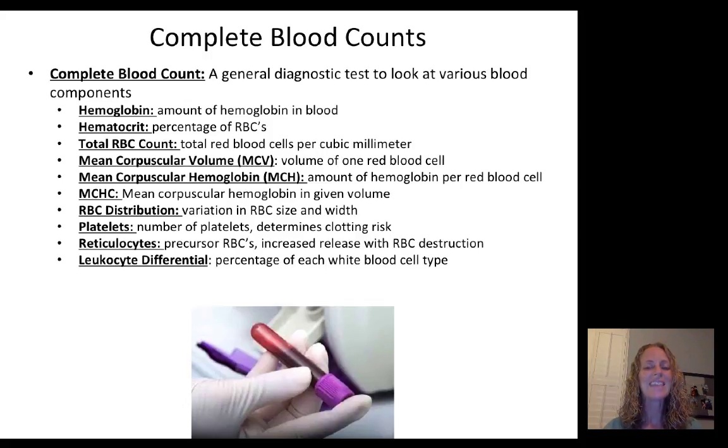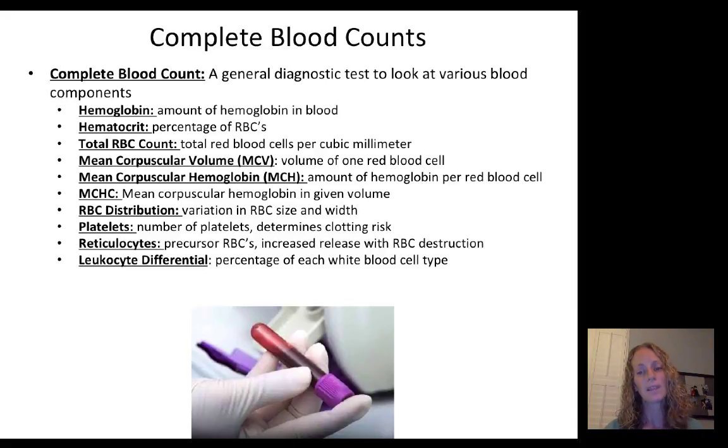And again, these are all related to hematology. We'll talk about that in a lecture or two. And look at the variation of red blood cell size and width, that's the distribution. We can look at the number of platelets to determine clotting risk. There's also a type of cell called a reticulocyte. This is a precursor red blood cell.